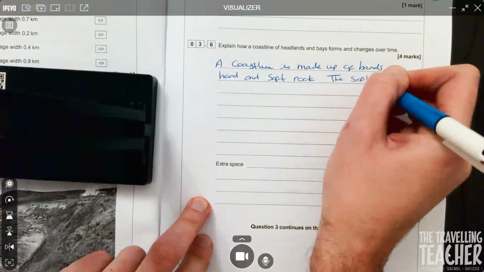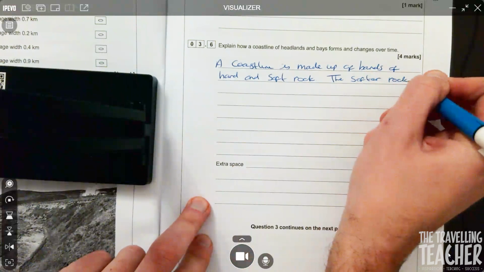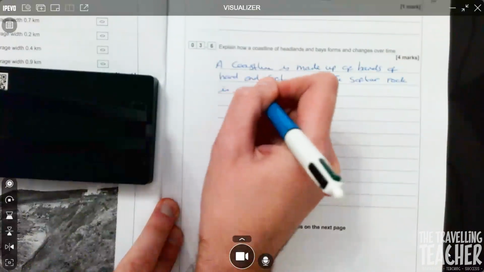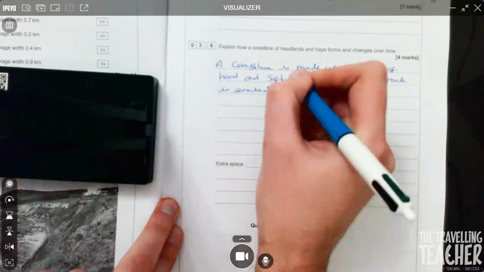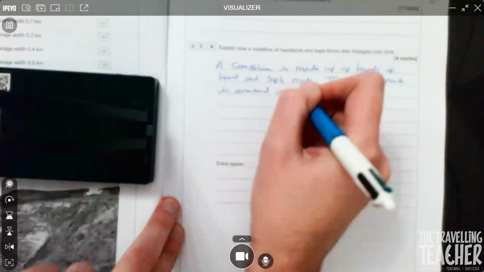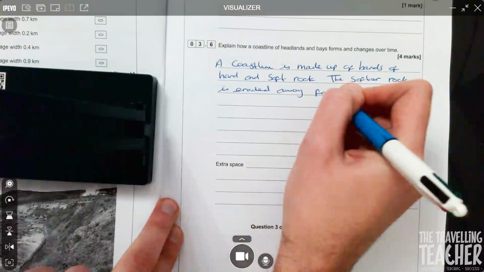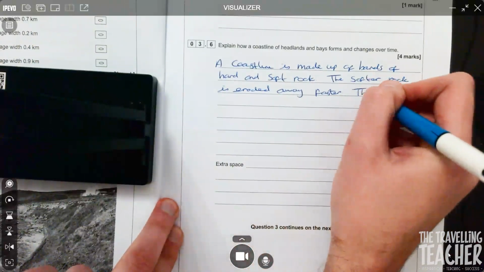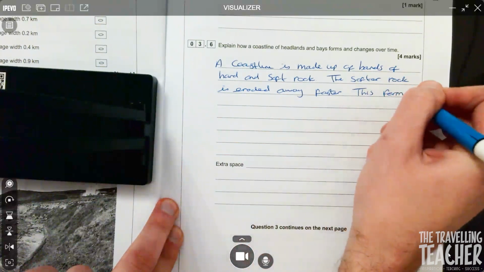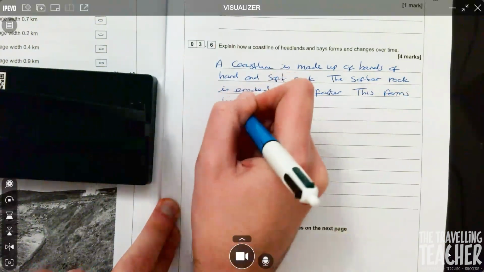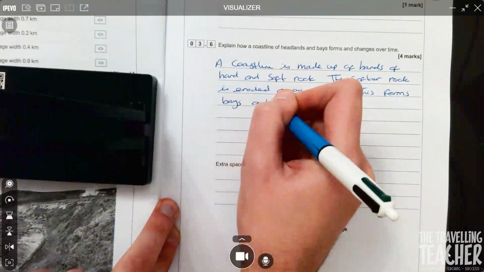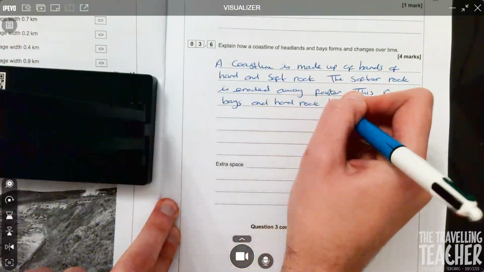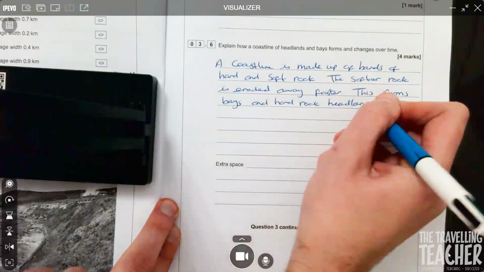The softer rock is eroded away faster. Full stop. This forms bays and hard rock headlands.